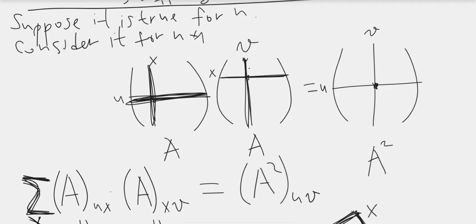So now we have a matrix A to the power of n plus 1, and we represent it as A to the power of n multiplied by the matrix A. So this is equal to this product of two matrices. The first one is A to the power n, the second one is A, and the result would be A to the power of n plus 1.